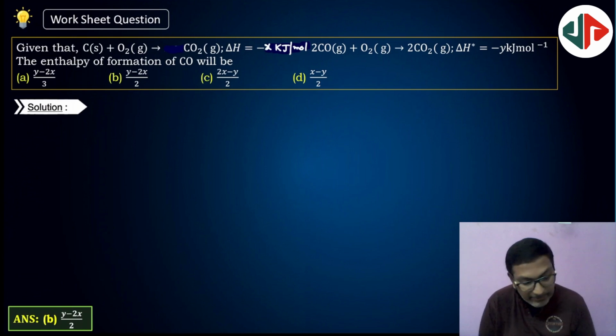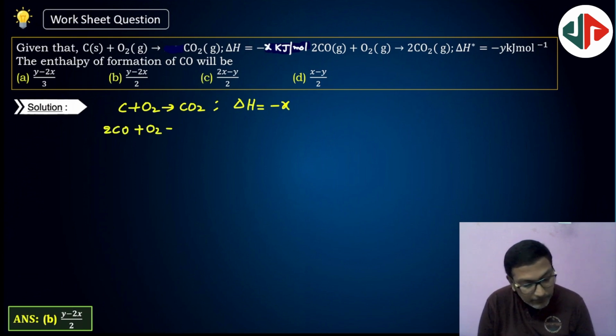Here what are given? Let C plus O2 gives CO2. For this delta H is minus X. Next 2CO plus O2 gives 2CO2. For this delta H is minus Y. These are given values.